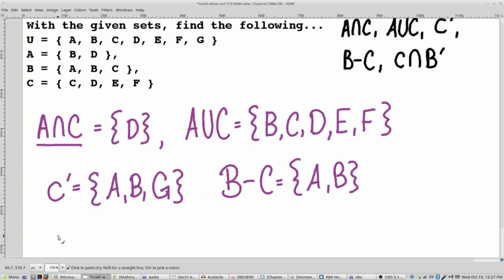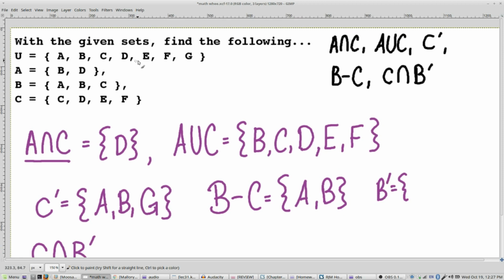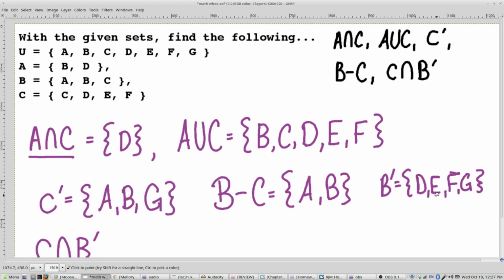And then how about C intersection B prime? Well, first let's look at B prime. B prime is going to be D through G. So D, E, F, and G. So that's B prime.